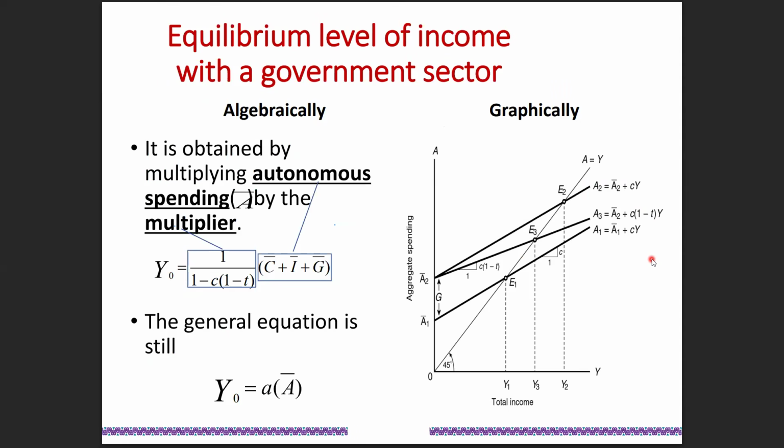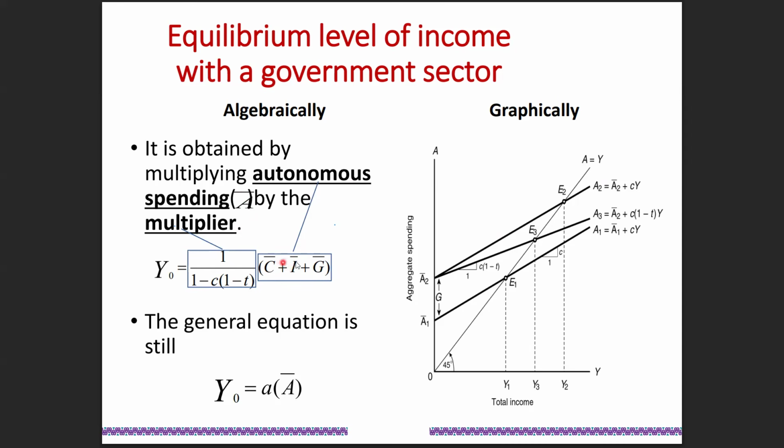Equilibrium level of income with the government sector. Algebraically, it is obtained by multiplying autonomous spending, which is A bar, by the multiplier. So to calculate the equilibrium level of income, you take your multiplier, multiply by your aggregate autonomous spending, right? Because it's A bar.